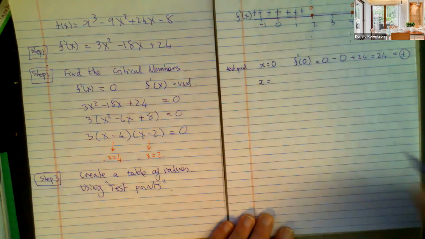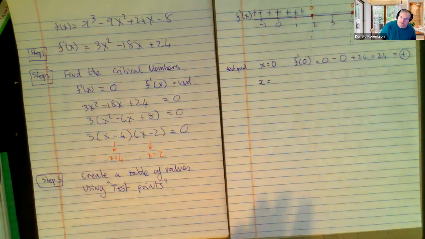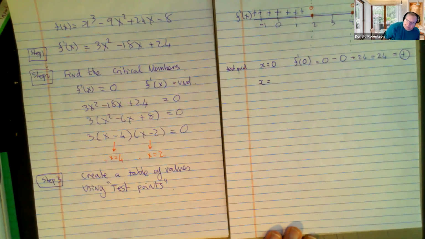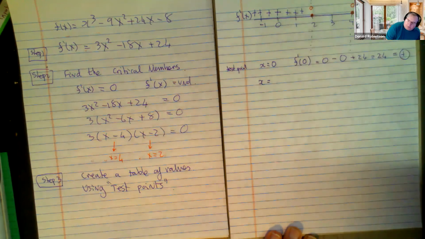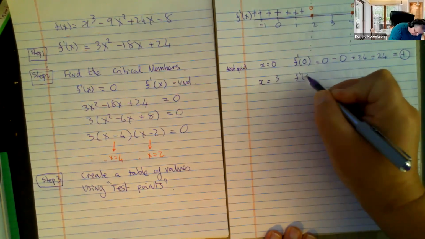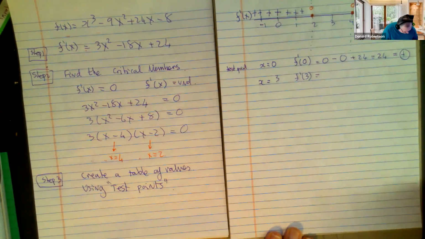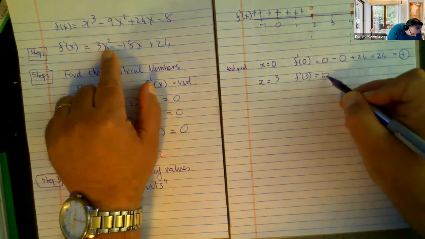Who do you think I'm going to choose for my second region, this one here? What x coordinate for my test point? What will I pick? 3. Yeah. Too silly a question to ask, but just thought I'd ask it. f'(3) is going to be 3 lots of 3 squared, that's 27.